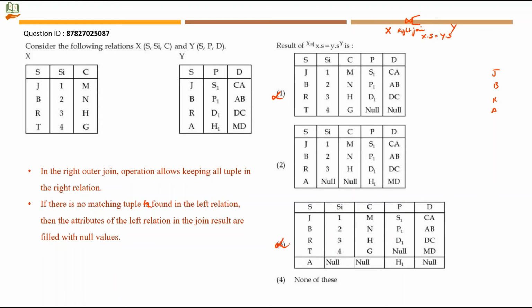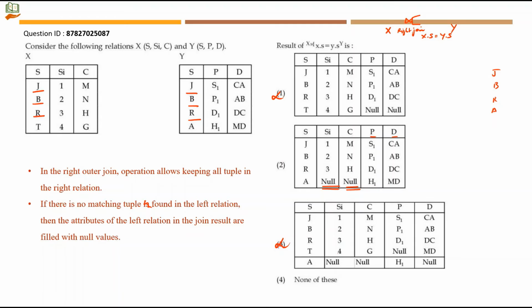Then the corresponding P and D values are present in all the 4 records. And we have only J, B, R in X and Y together. So 1, 2, 3, M and H are filled. But since we don't have T record, the corresponding SI and C field values are filled with null. Whatever we did with left join, the same thing we are doing with right join, but in that case left side tuples are included and right side whichever is not available we are filling with null values.